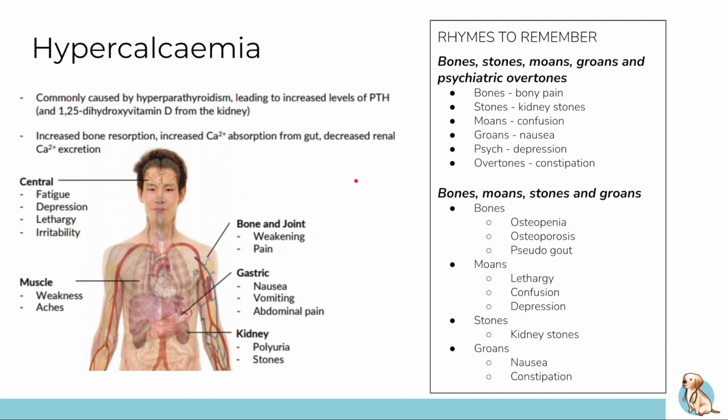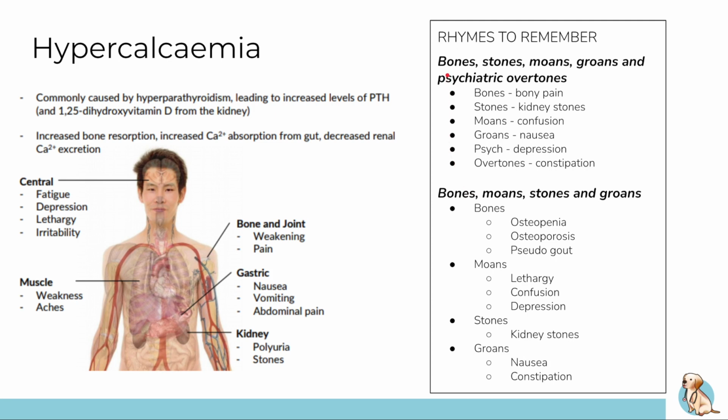There is increased calcium absorption from the gut, which may cause nausea and constipation. There is decreased renal calcium excretion, so this may cause kidney stones. It may also cause psychiatric issues like depression, as well as lethargy and confusion. And bones, stones, moans, groans, psychiatric overtones is a really good mnemonic to remember.